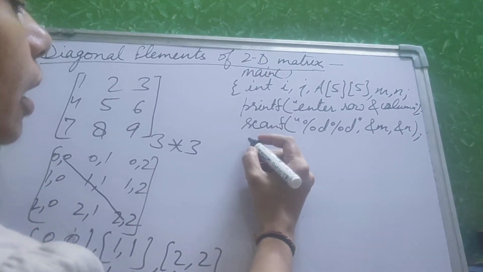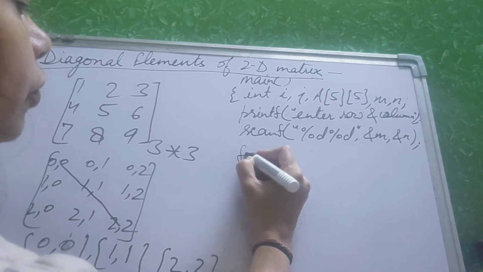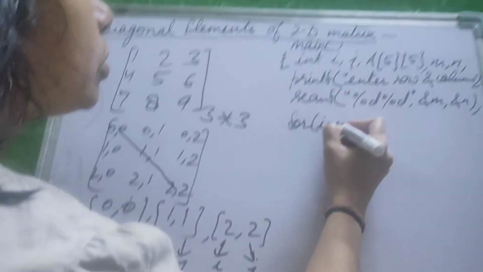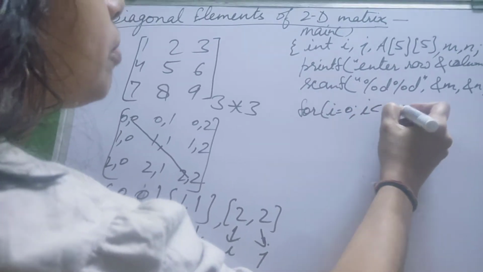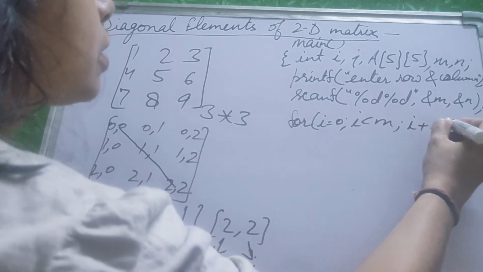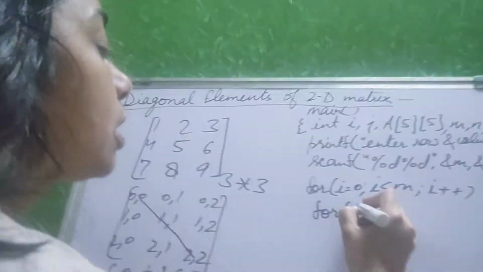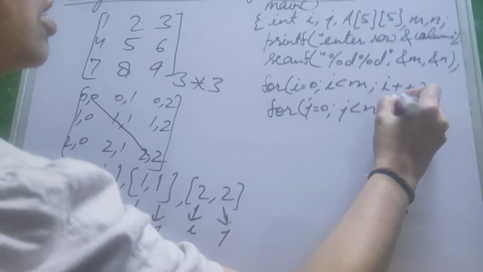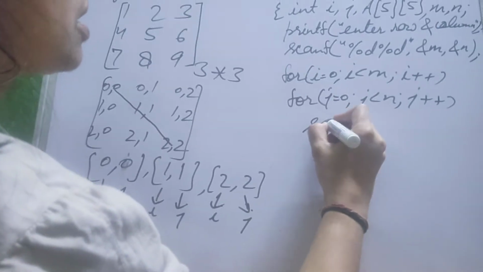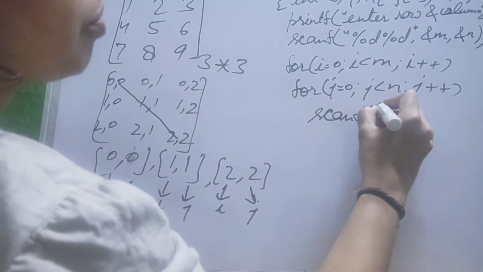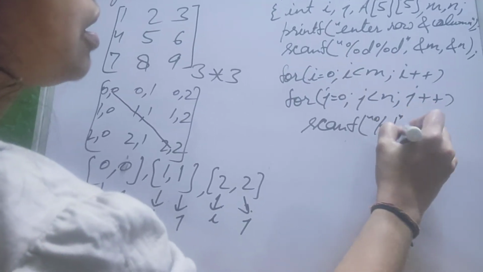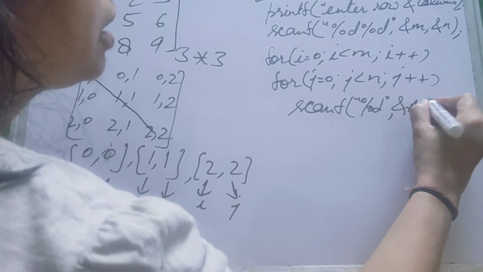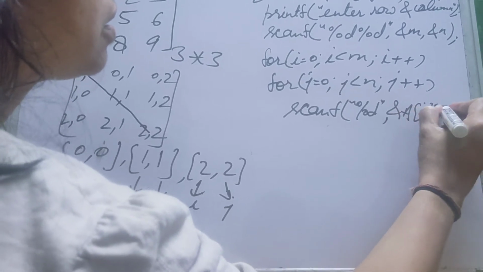Then input the array: for i equals 0, i less than m, i plus plus; for j equals 0, j less than n, j plus plus; then scanf "%d", &a[i][j].